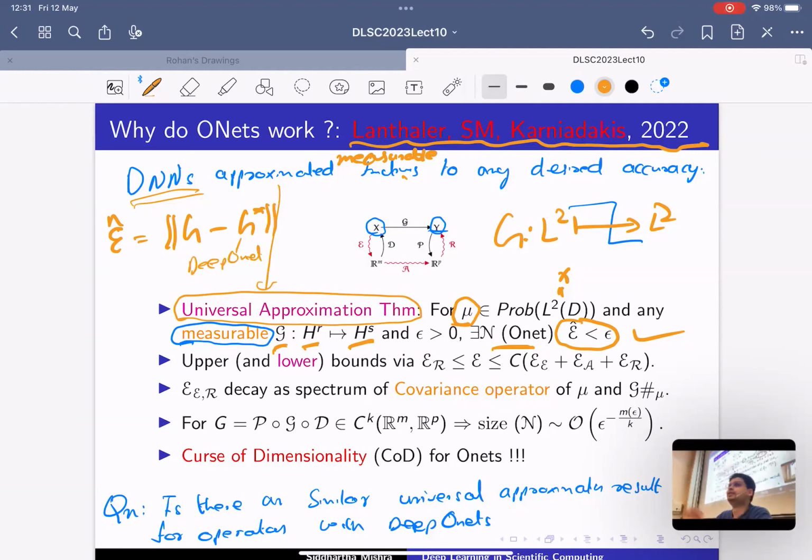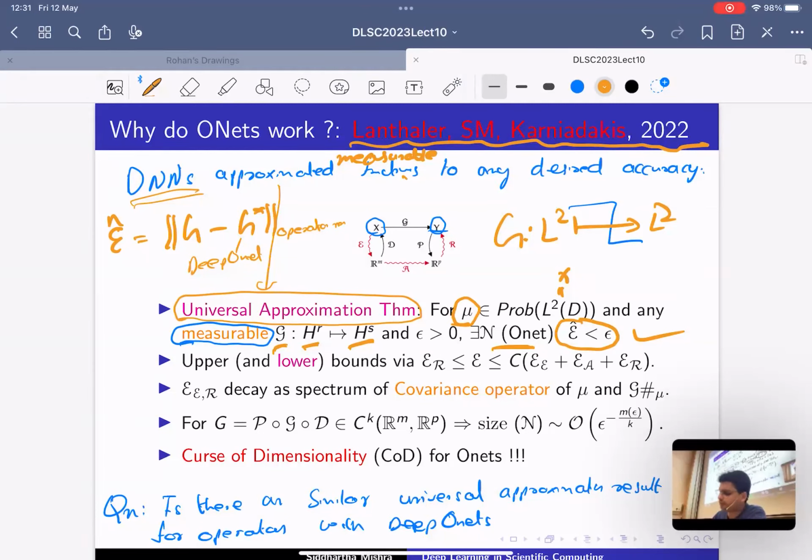And as I said, the same results also hold for PCNet, SNO, and so on. The error is taken in terms of an operator norm, because these are operators, not functions anymore. Because these are operators, there's a very natural norm on them. I'm not going to tell you what that norm is, but one can compute things based on that norm. And this is where the error is going to be small.